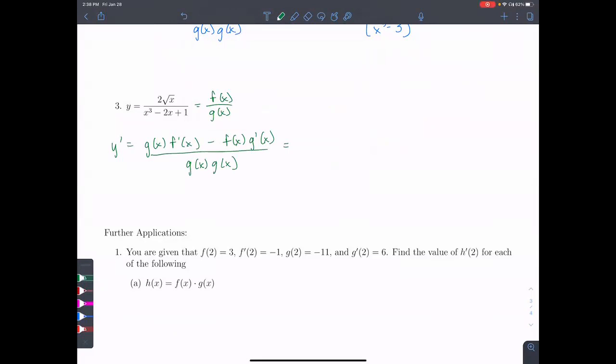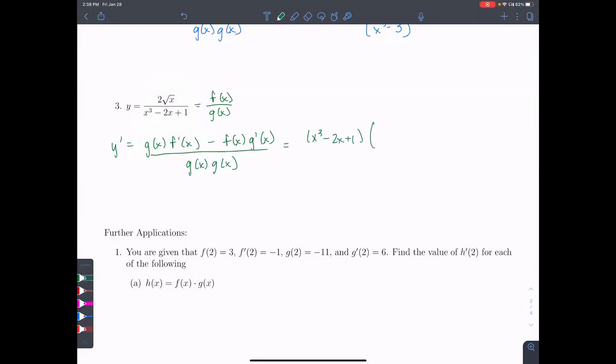Okay, so x cubed, that's g, x cubed minus 2x plus 1. We're looking at g of x times f prime. So we want to take the derivative of that.